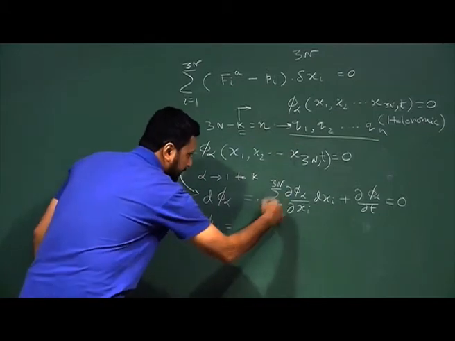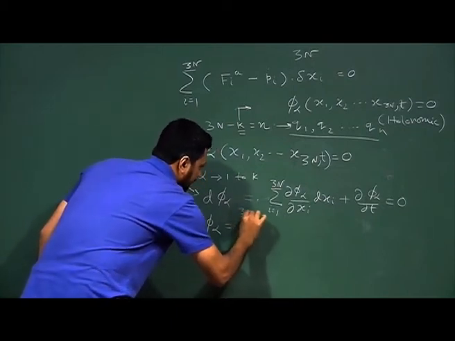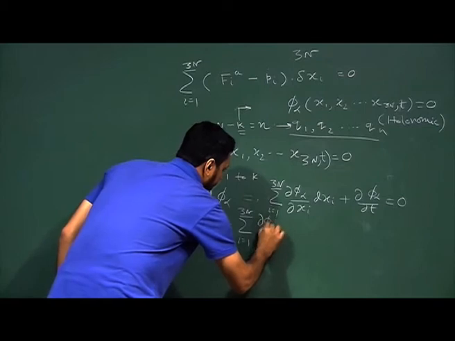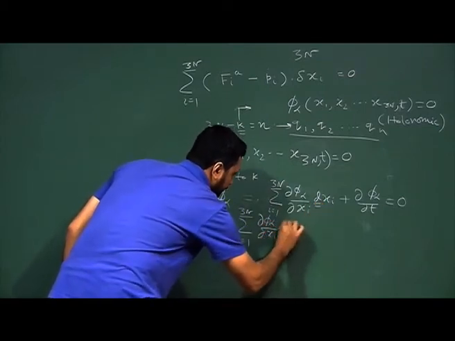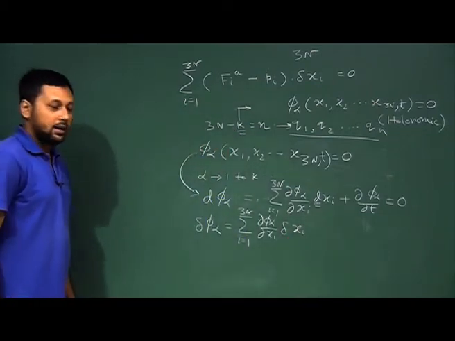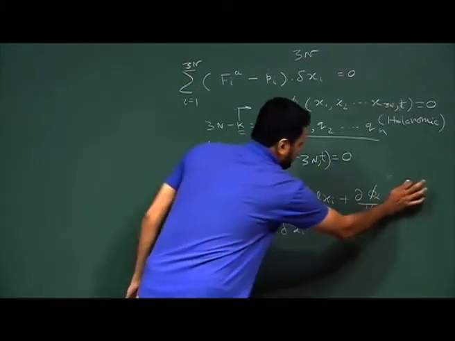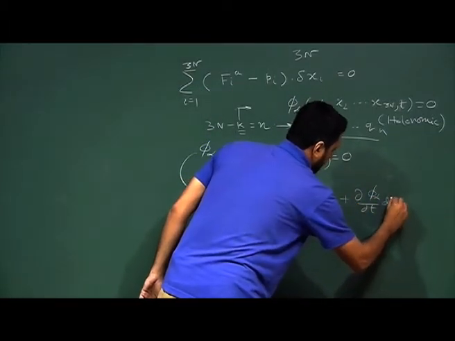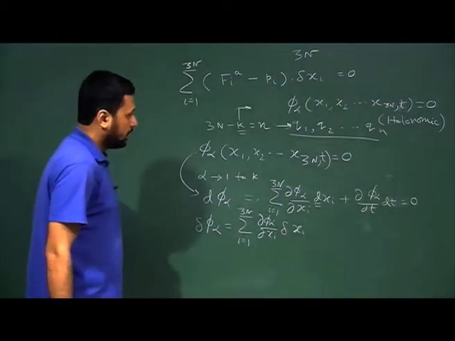The first term stays as it is, except d is replaced by delta xi, and there is a del phi del t dt term.